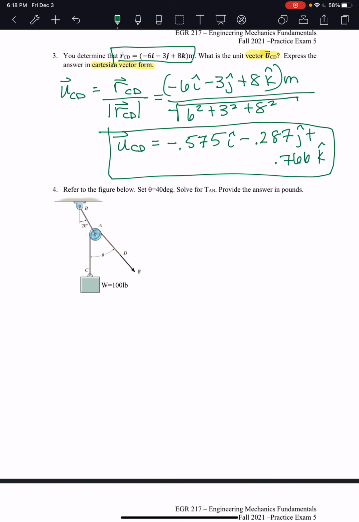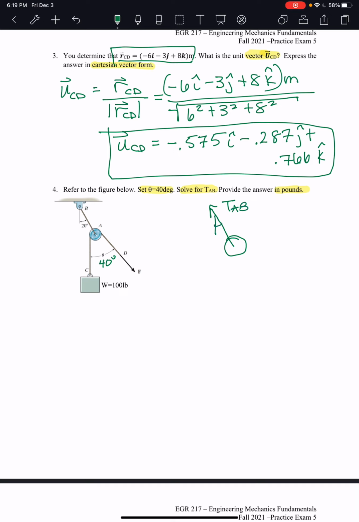For this next one, we set theta equal to 40 degrees, solve for TAB, provide the answer in pounds. So that angle is 40 degrees. I'm going to draw a free body diagram of that pulley. So we have TAB.